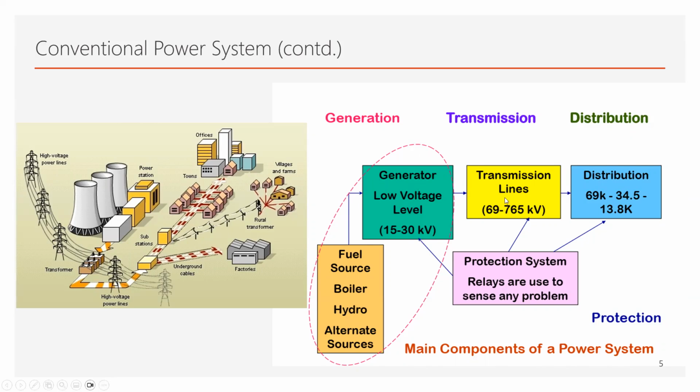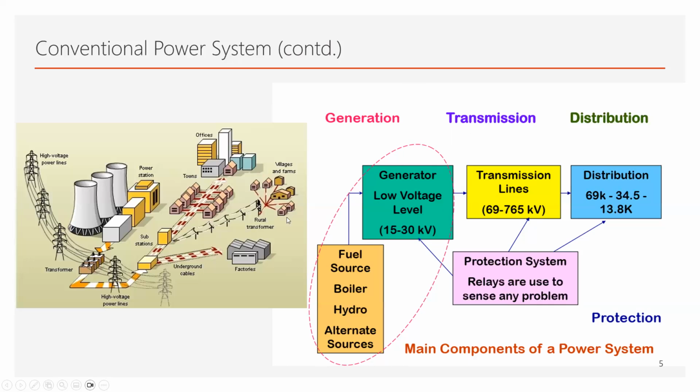Then if you look at the transmission line, the voltage is 69 to 765 kilovolts. So if you look at the generation voltage level, it's 15 to 30 kilovolts, but if you look at transmission lines, it is 69 to 765 kilovolts. So there is a boost in the voltage from generation to transmission.